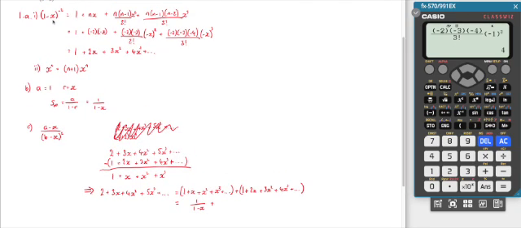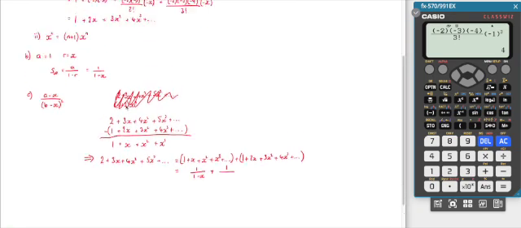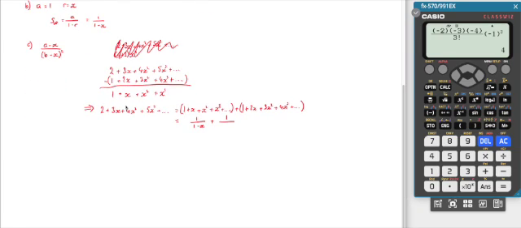That's your 1 minus x to the minus 2. So that is 1 over 1 minus x squared. That was that sequence.